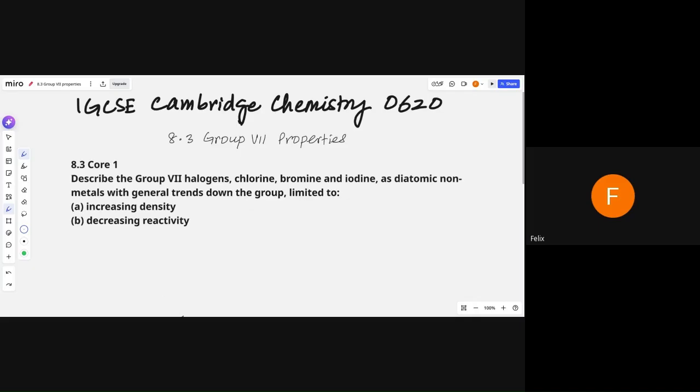Now let me explain this. They are diatomic molecules because they have one electron missing in the outermost shell, and they form a covalent bond. So chlorine will exist as Cl2, bromine as Br2, iodine as I2, and fluorine as F2, right?